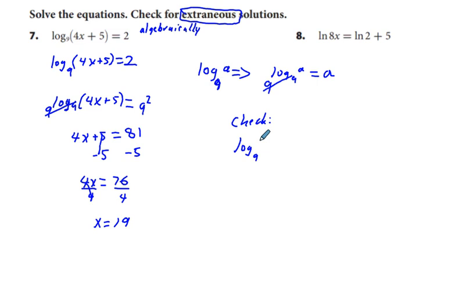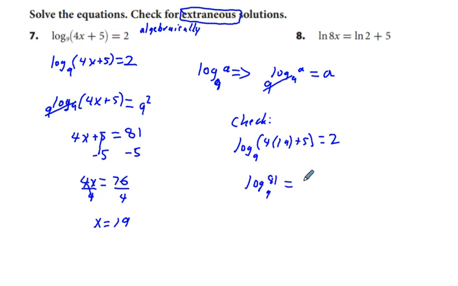So this could be log base 9 of 4 times 19 plus 5 is equal to 2. And so 4 times 19 plus 5 is going to be 76 plus 5, or 81. So what we have on the left side is log base 9 of 81.